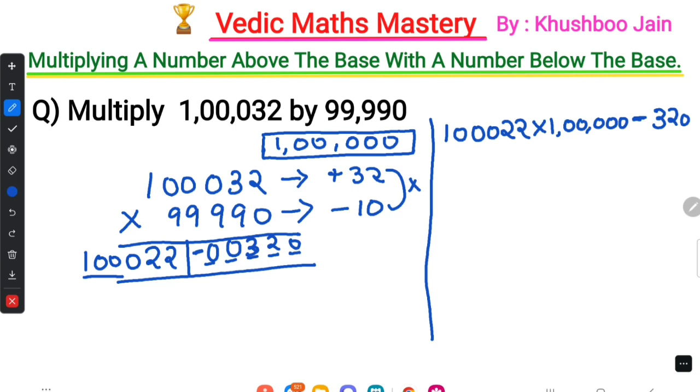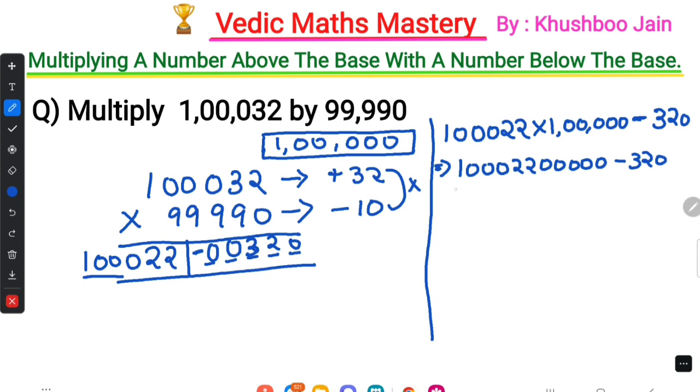We just write down simply 320, not 00320, because zeros at the start have no benefit. So we write it like this: 10022 minus 320. As you can see here, this is so simple.